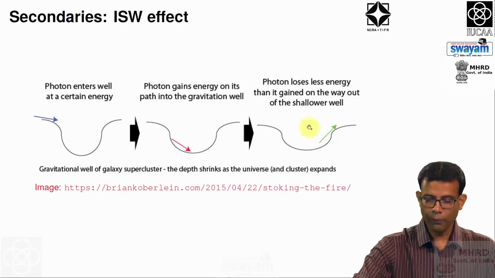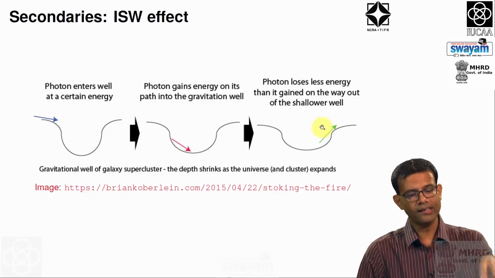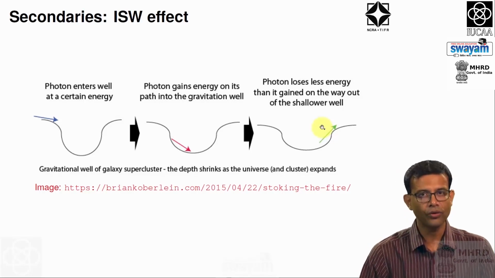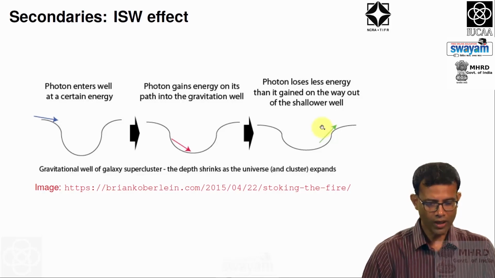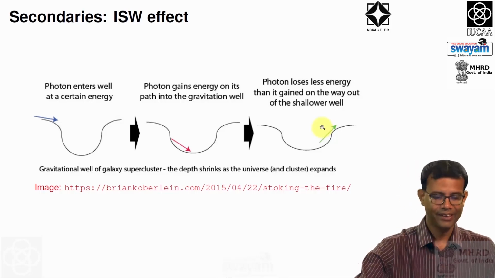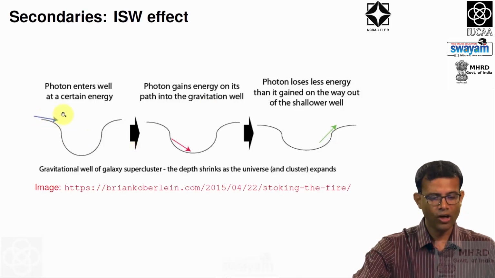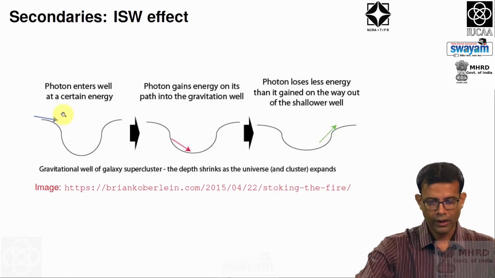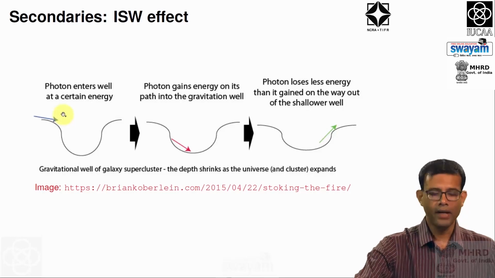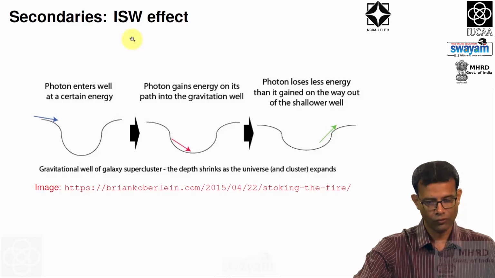If during this whole process the potential well does not change, then the loss and the gain will cancel each other. So, in effect you will not see anything at the end. However, if the potential changes while the photon is going in and coming out, the loss in energy and the gain in energy could be different, and there could be some net effect which one can see, and that is known as the integrated Sachs-Wolfe effect.